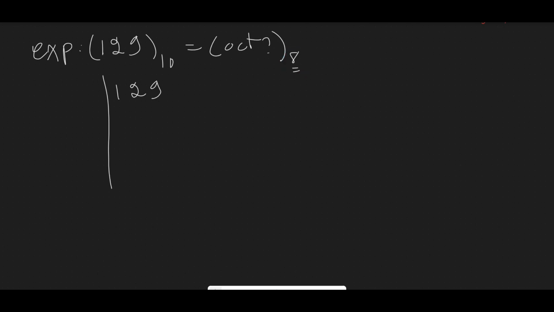So we keep dividing by the base until the quotient is smaller than the base. We divide 129 by 8, we get 16 with remainder 1. We divide by 8 again, we get 2 with remainder 0. Since 2 is less than the base, we can stop here.